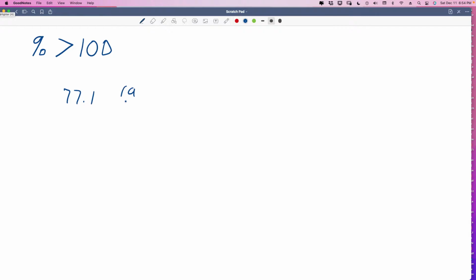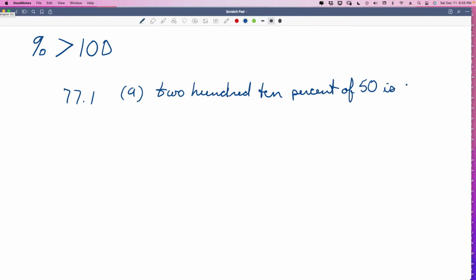The first problem says: 210% of 50 is what number?